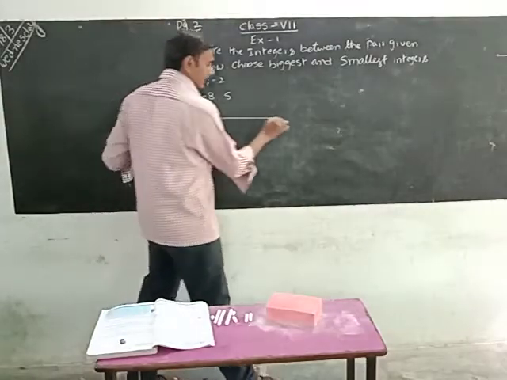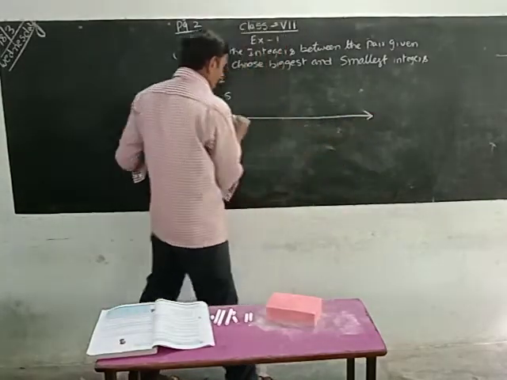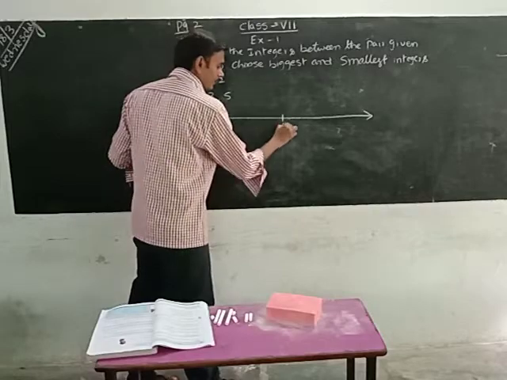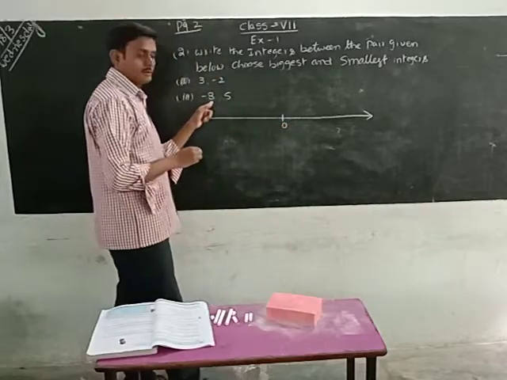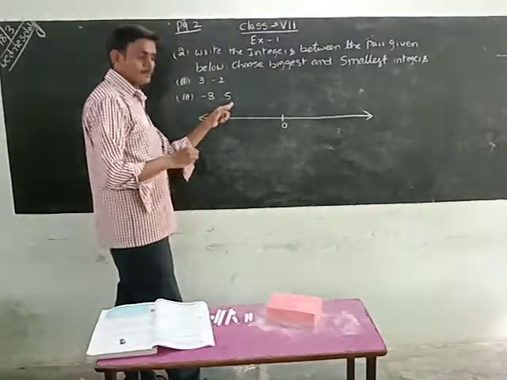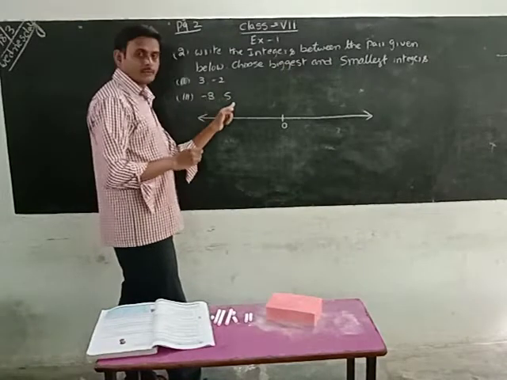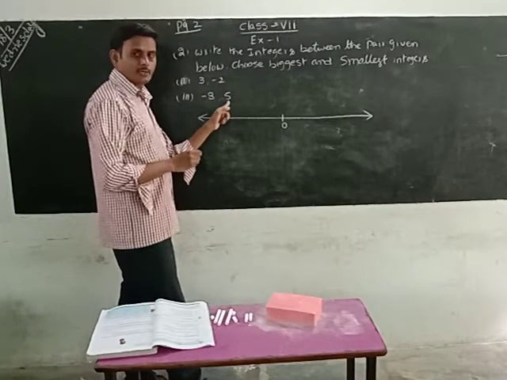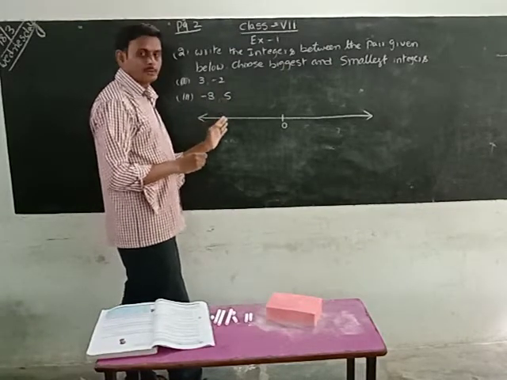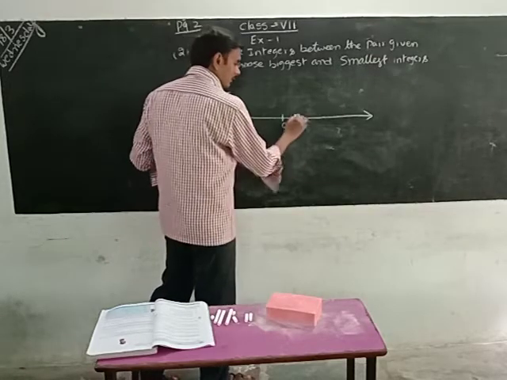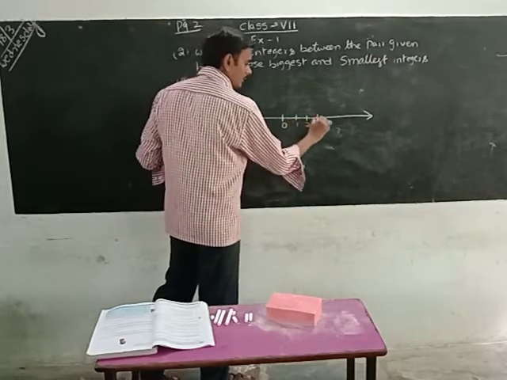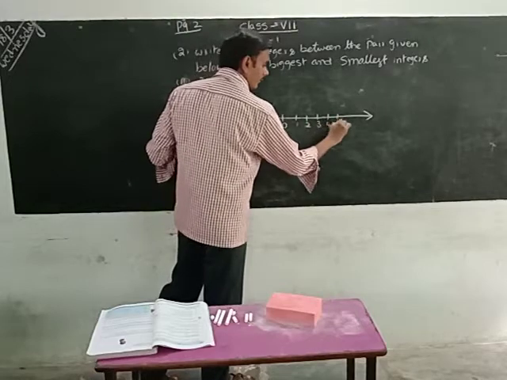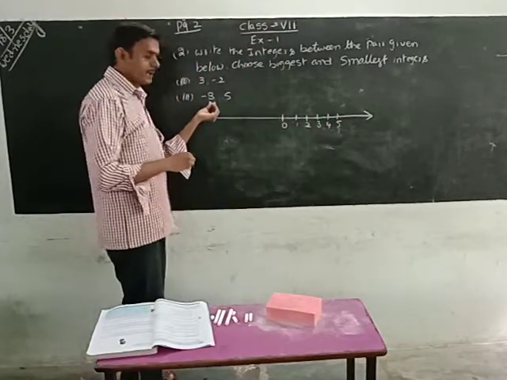Okay, take a number line. 0 you have to take. Here one negative number, one positive number is given. What is the positive number here? 5. Whenever you want to write positive numbers, move towards the right. 0, 1, 2, 3, 4, 5. Up to -8 also we have to write.